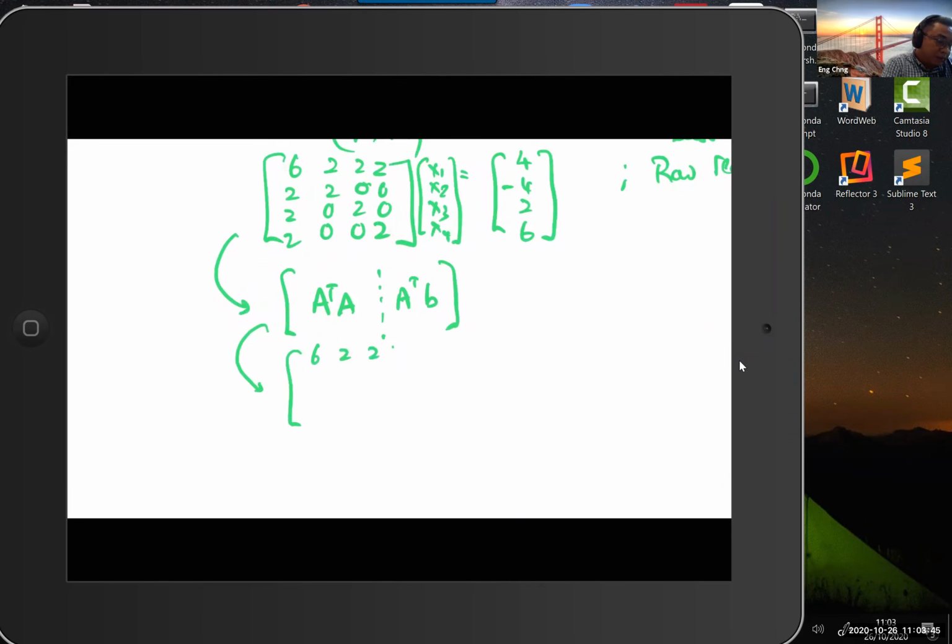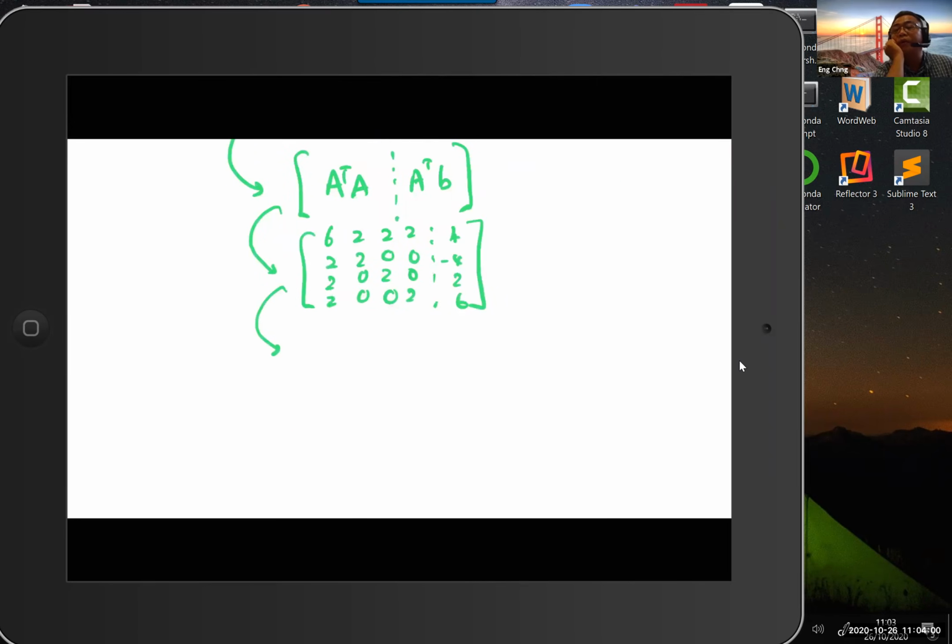And then the augmented matrix. And then the rest of them. And then we do row reduction. So when we perform row reduction, all we are finding is the solution of x1 to x4. All right, so you can do it by yourself, but when I perform row reduction, this is my solution. You can check.